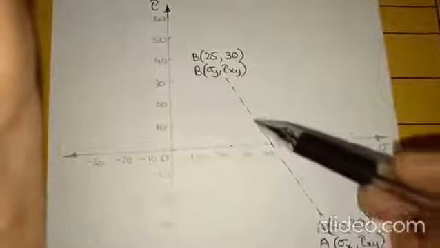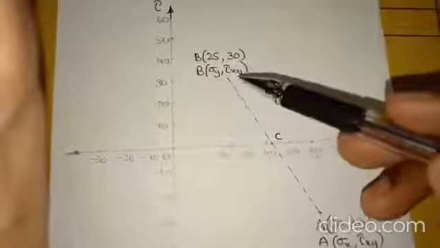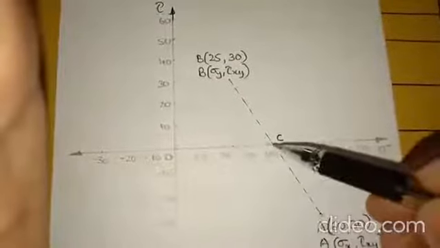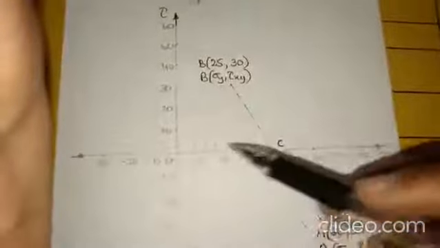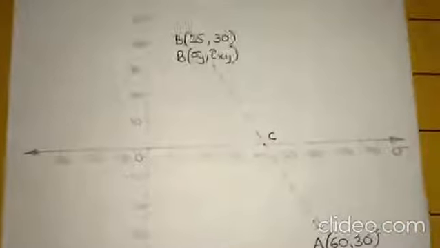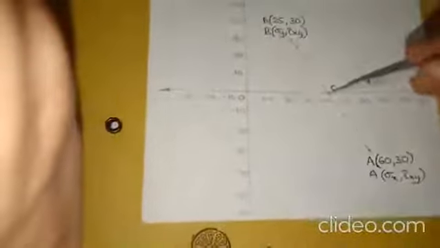Draw a light line joining points A and B. This line will intersect the x-axis at point C. So C will be considered as the center.